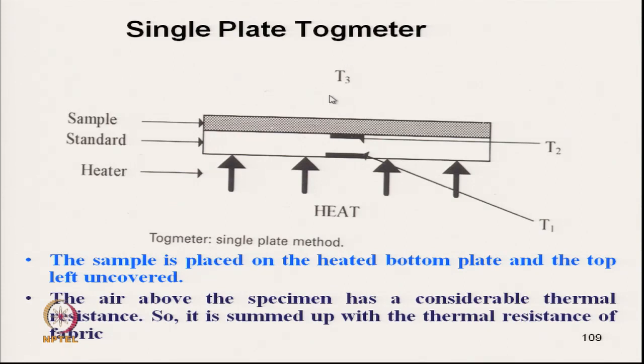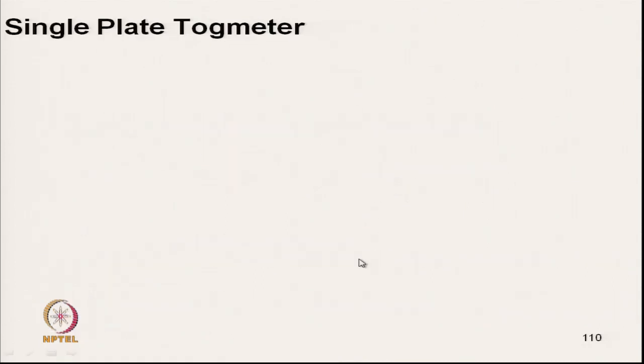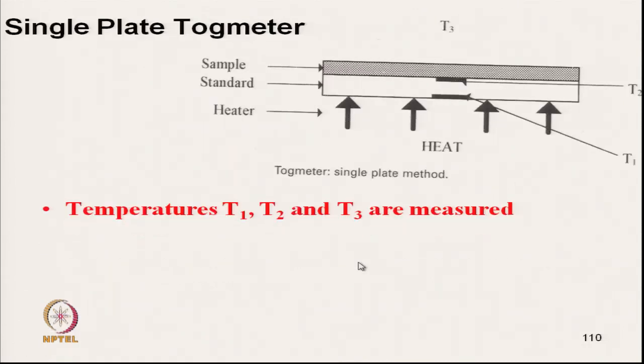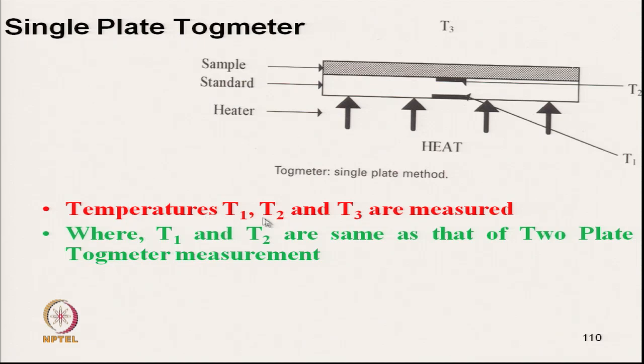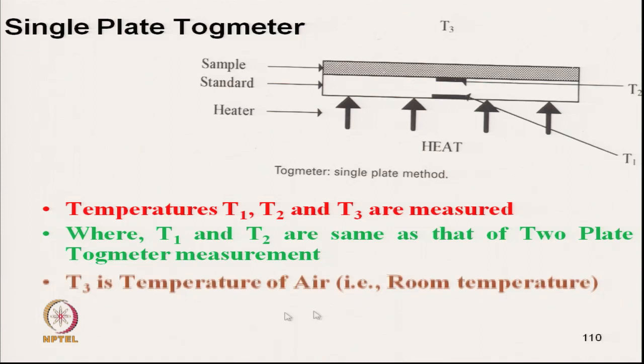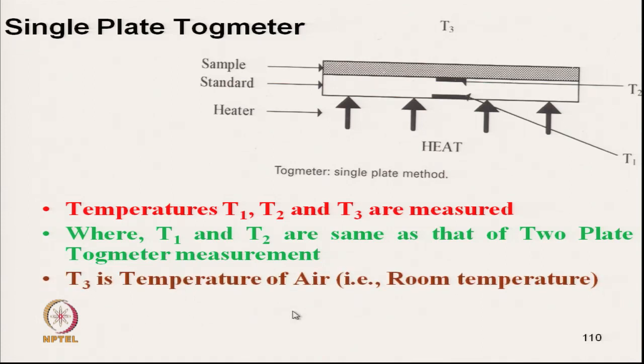The temperatures T1, T2, T3, as I have already mentioned, where T1 and T2 are the same as in the two plate TOG meter measurement, and T3 is the temperature of the air, that is, the room temperature.